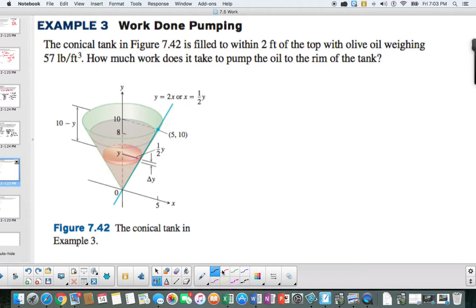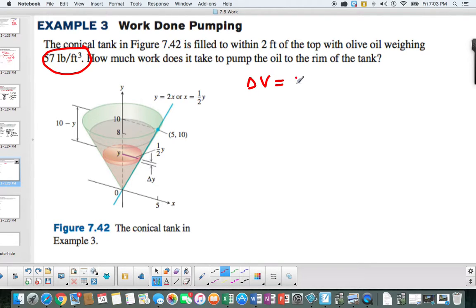Now it says the weight is 57 pounds per cubic foot. Cubic foot tells me I'm working with volume, so I need to start with the volume of a little piece of the olive oil, which is going to be a cylinder. All of this in this little cylinder is going to take the same amount of work because all of this will travel the same amount.